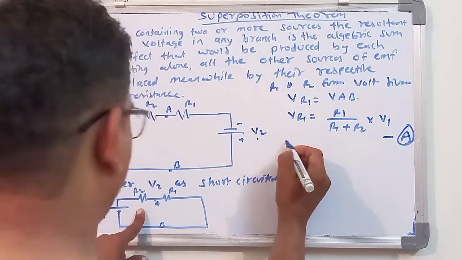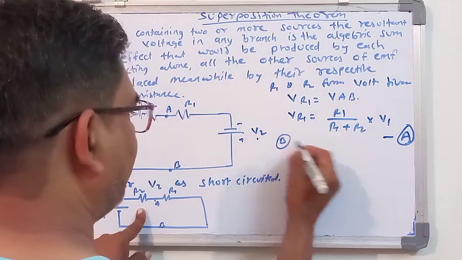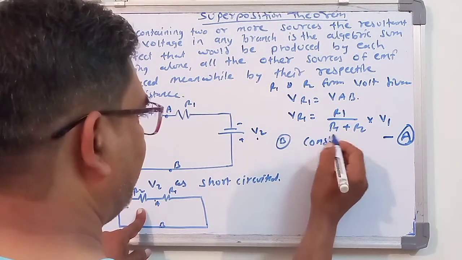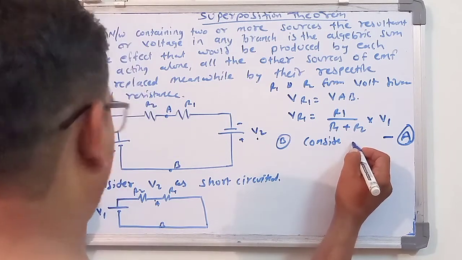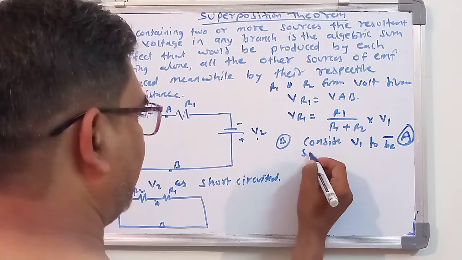Then second, consider V1 to be short circuited.